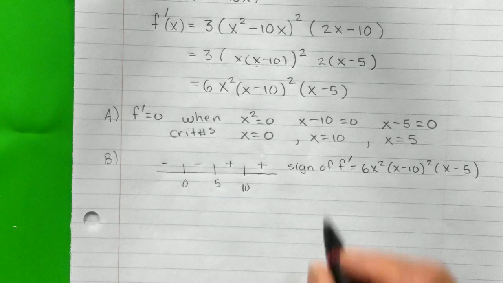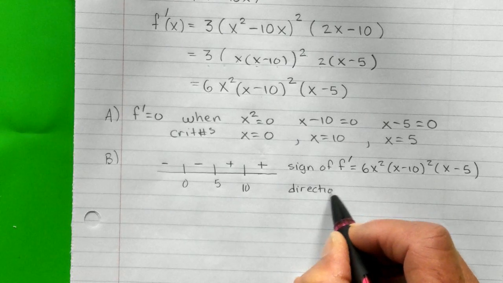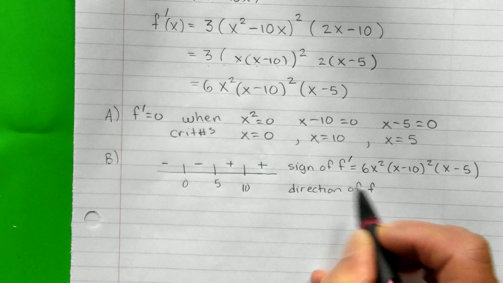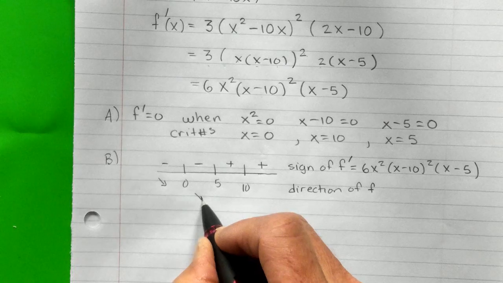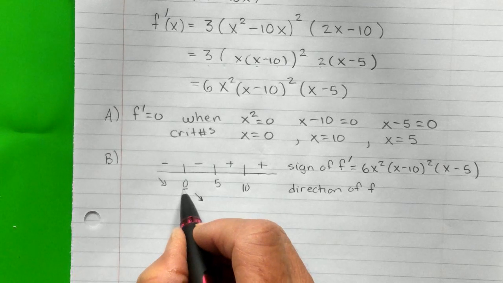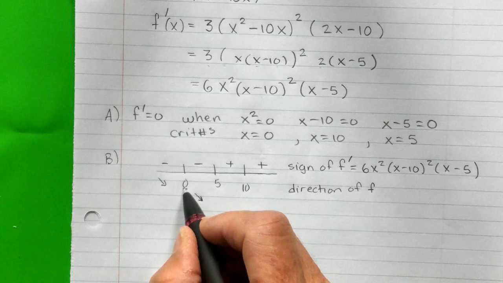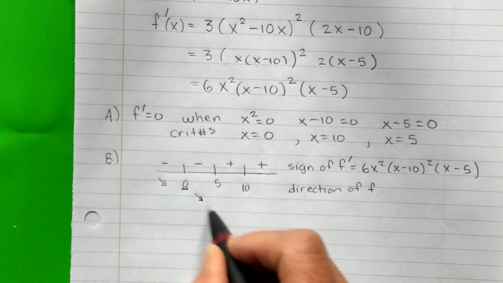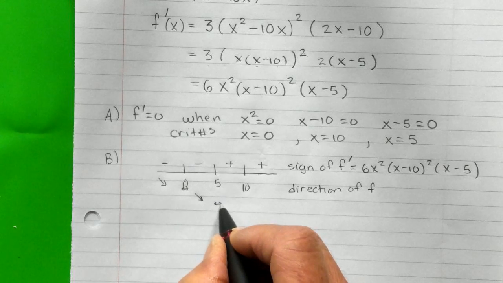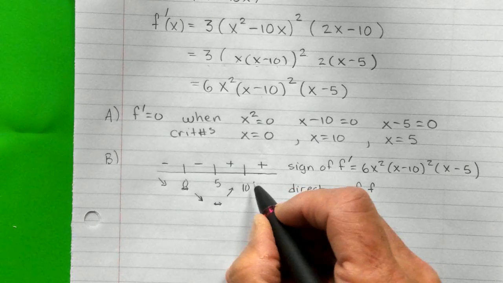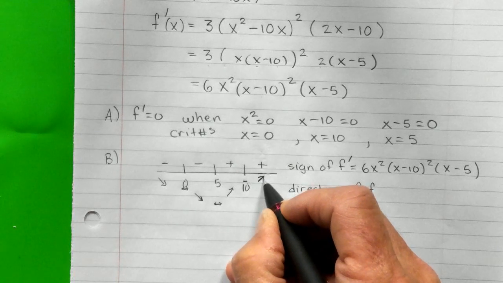Which means the direction of the function, which I'm going to draw under the line, is that it drops. It continues to drop even though the slope here was 0. So I've got a horizontal tangent line here, but negative slopes there. Then I've got a horizontal tangent line here and positive slope, another horizontal tangent line, but more positive slope.